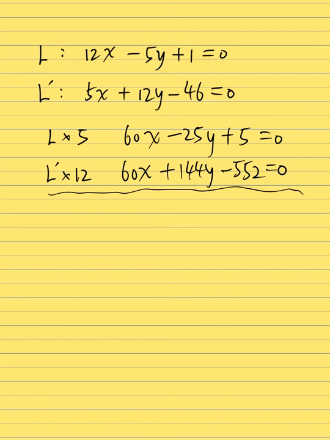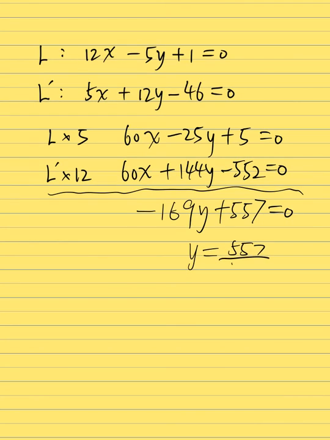The first equation minus the second equation, we get minus 169y plus 557 equals 0. So we get y equals 557 over 169.